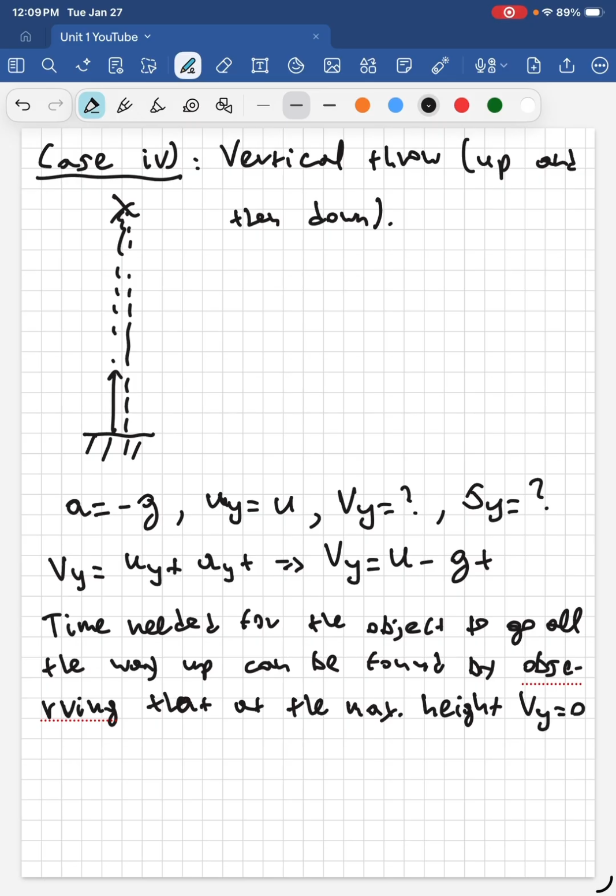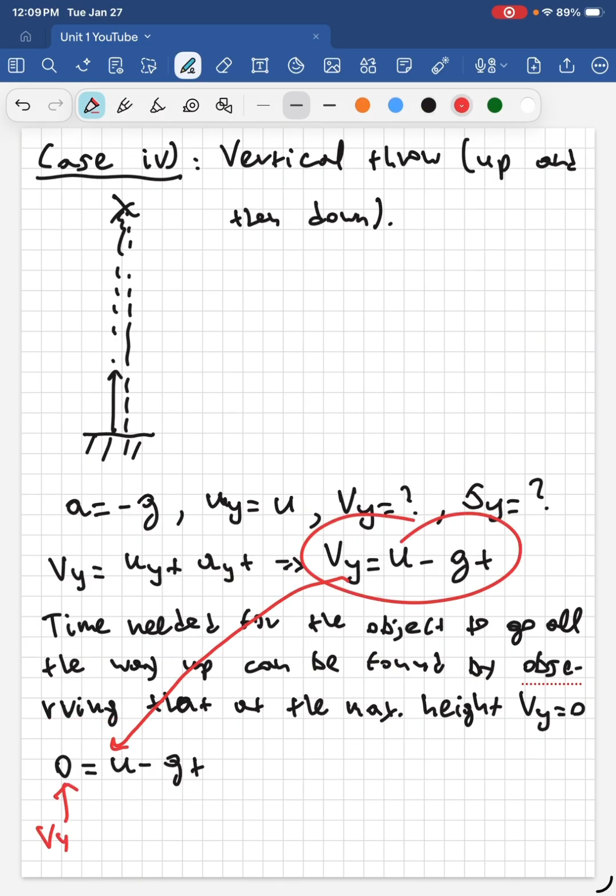So by using this, we can find that 0 is u minus gt. So I took this equation and set v_y equals to 0. So the time needed for the object to go all the way up is t equals u over g.